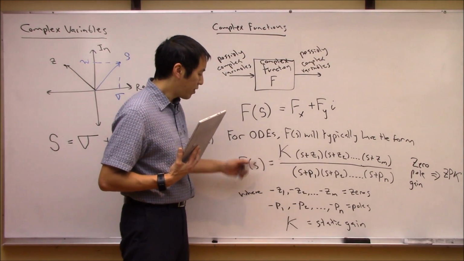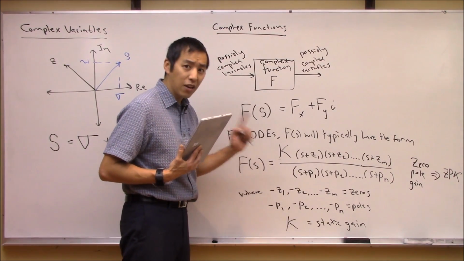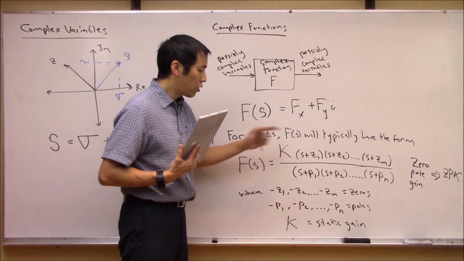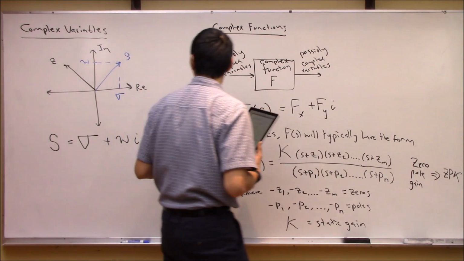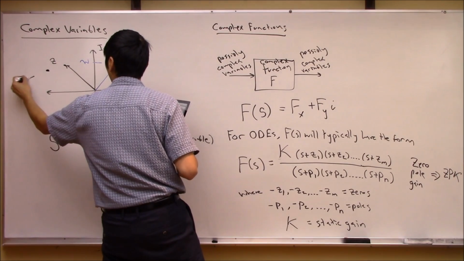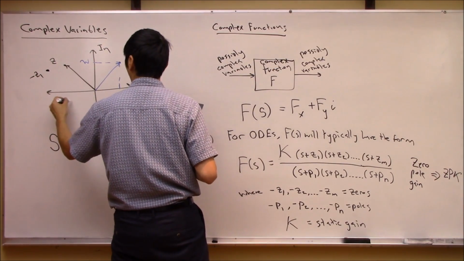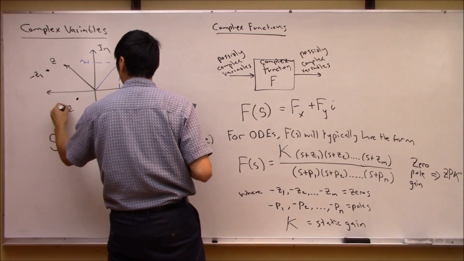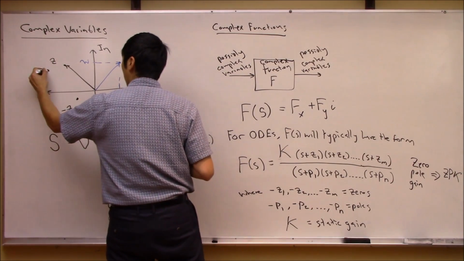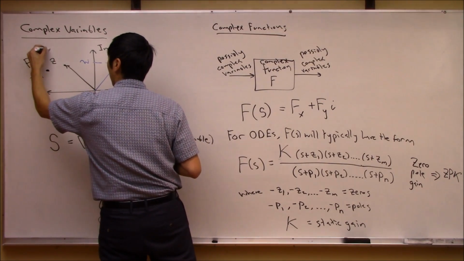So when s takes any of these negative z values, the function goes to 0. If we were to draw this, here's the location of minus z1, minus z2, all the way to minus zm. At any of these locations, the function is 0.